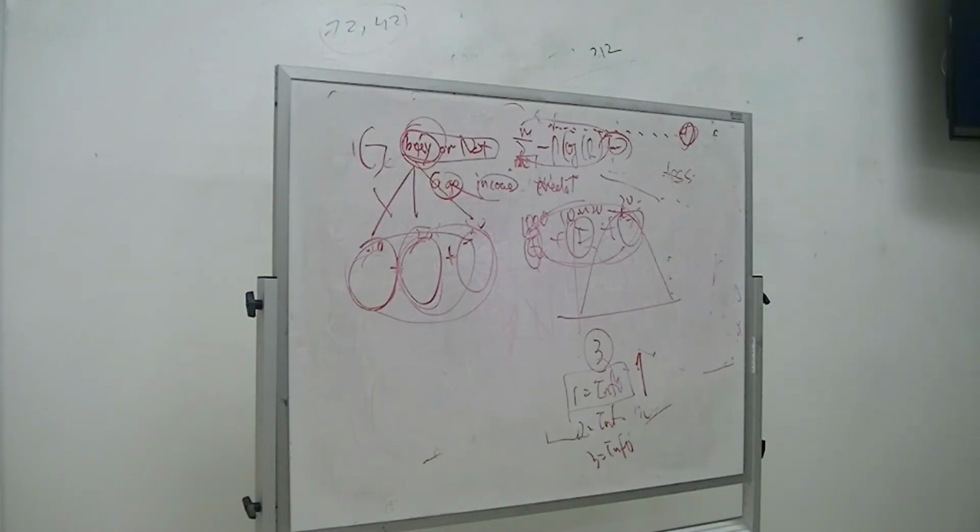To address that problem, there is a normalized entropy, which is called C4.5, which was practically used in the market. In C4.5, you can see it's divided by the split info, which is the normalized one.